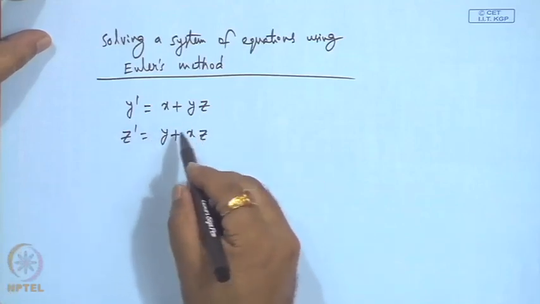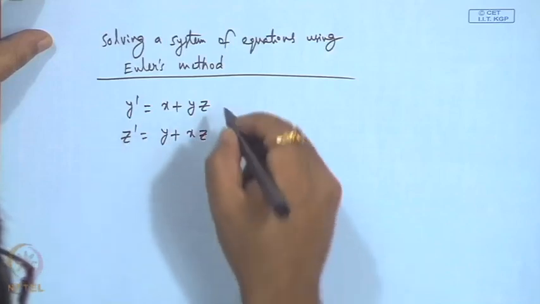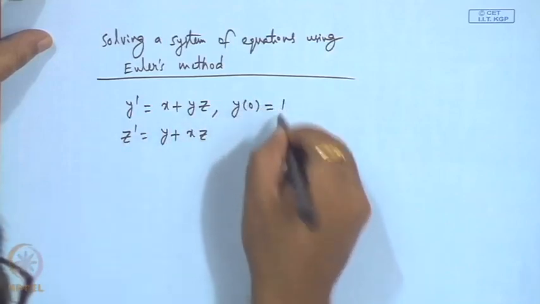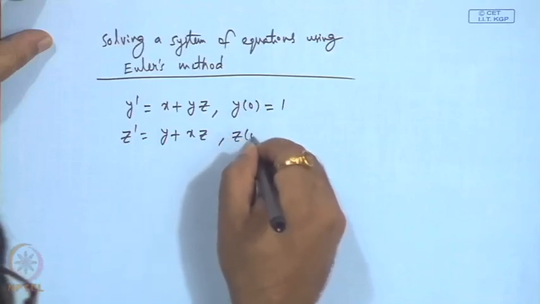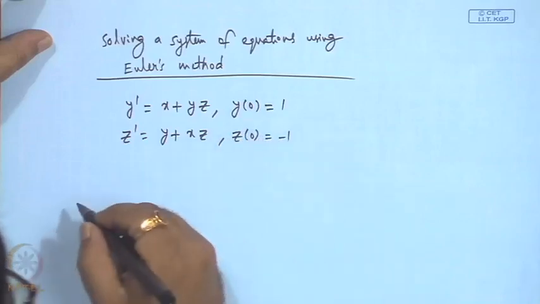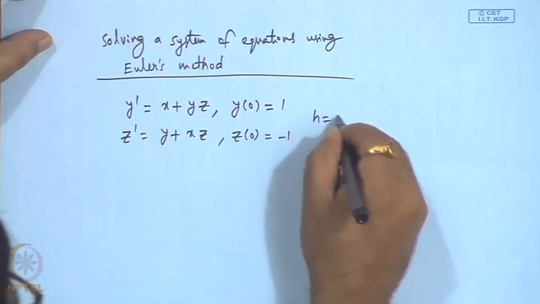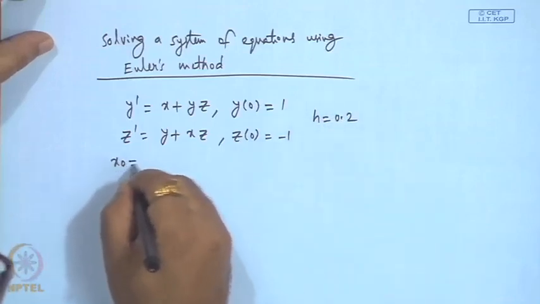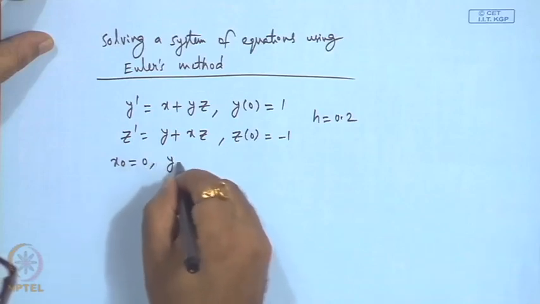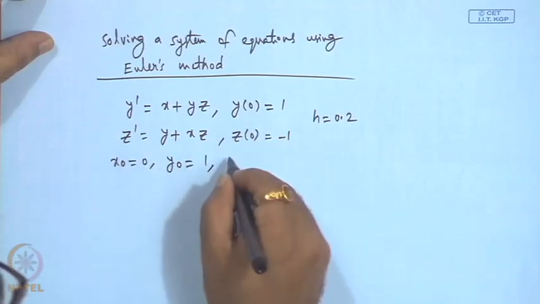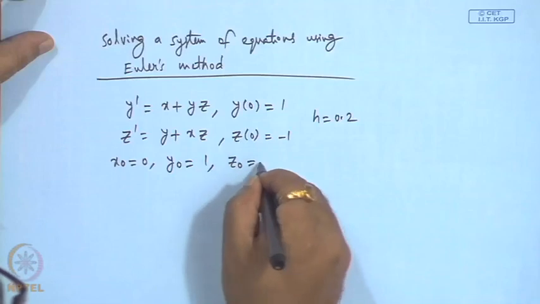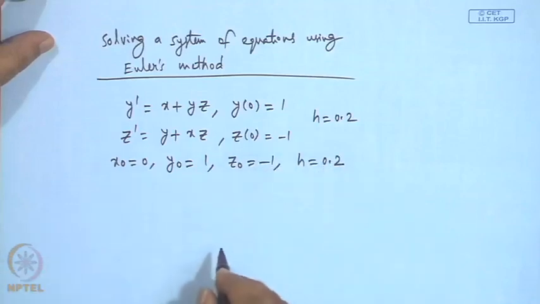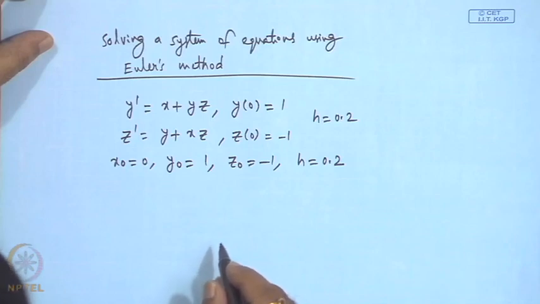Here x is the independent variable, and y and z are the dependent variables, supported by the following initial conditions. Say h is 0.2. So, x 0 is 0, y 0 is 1, z 0 is minus 1, and h is 0.2. These are our parameters.